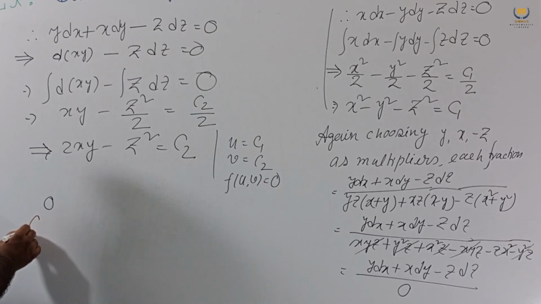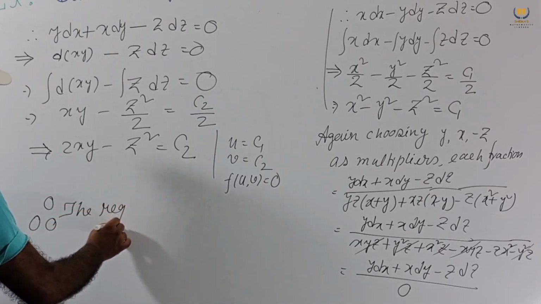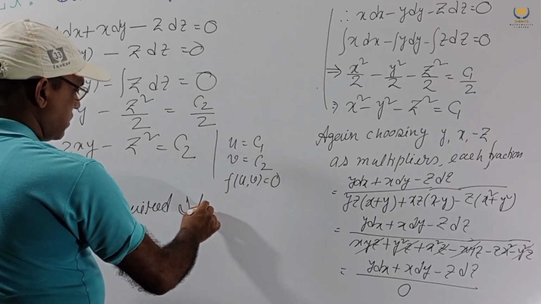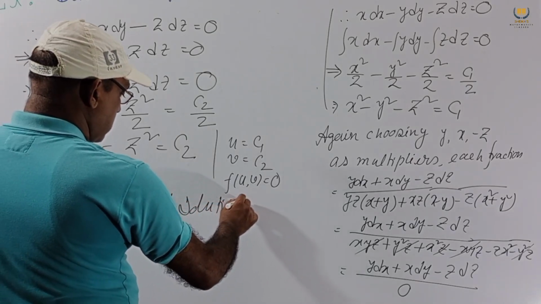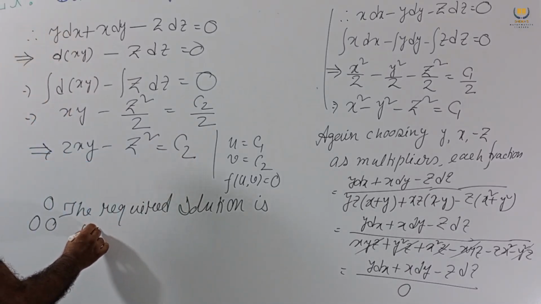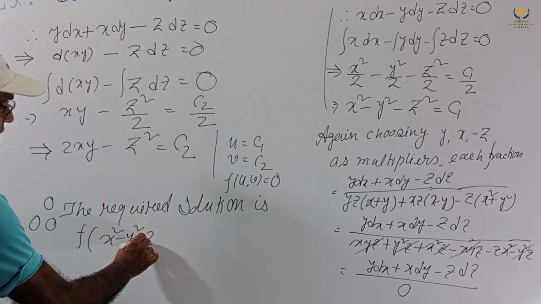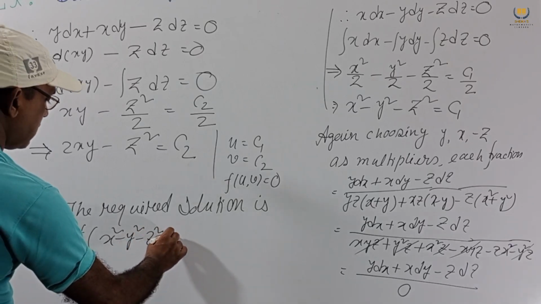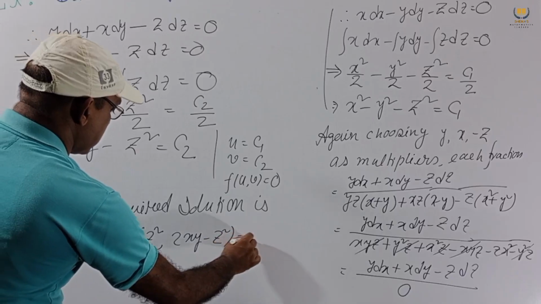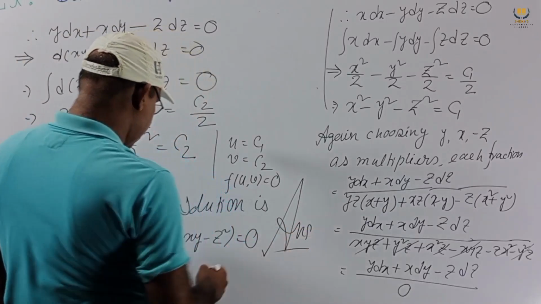Therefore the required solution is f of x square minus y square minus z square comma 2xy minus z square equals 0, and this is our final answer.